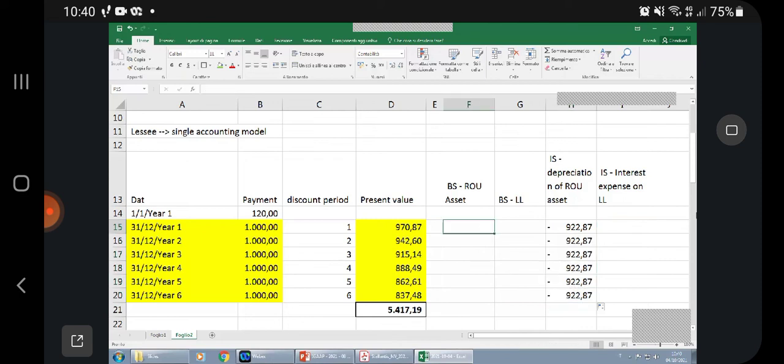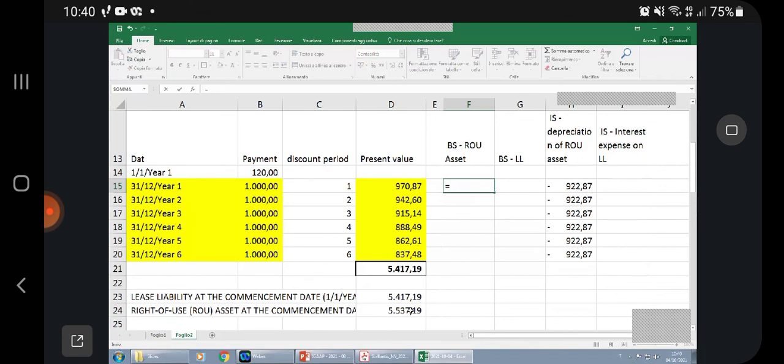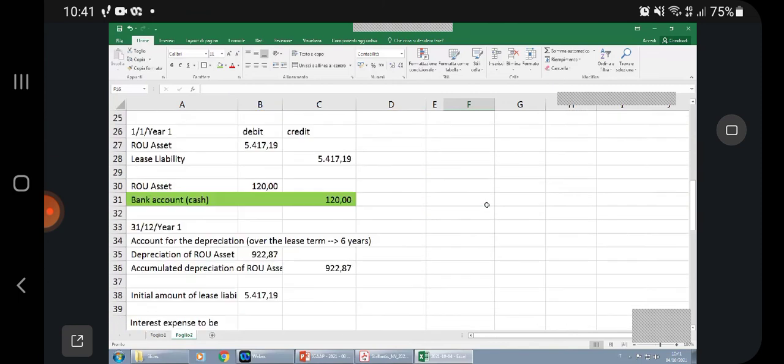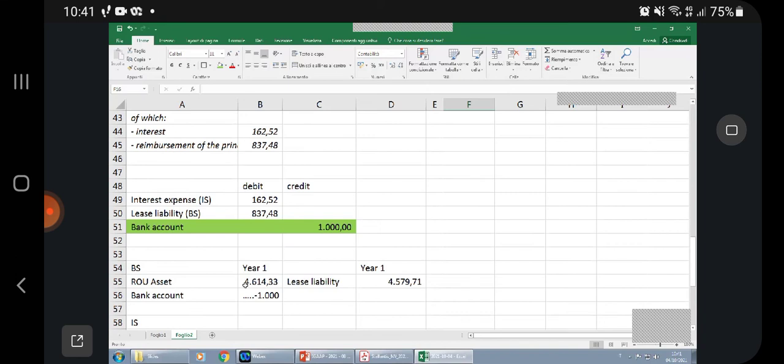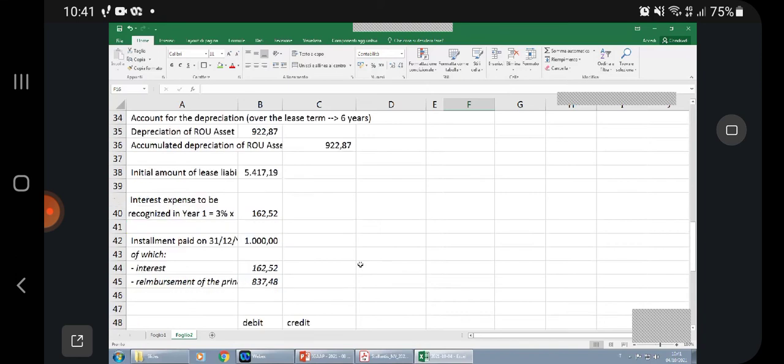So the right of use asset at the end of this year is the initial amount minus the depreciation. 1,614. This is exactly the amount that we had shown before in the balance sheet.